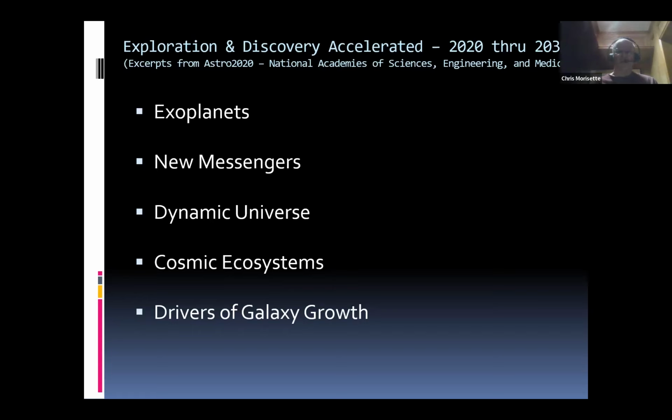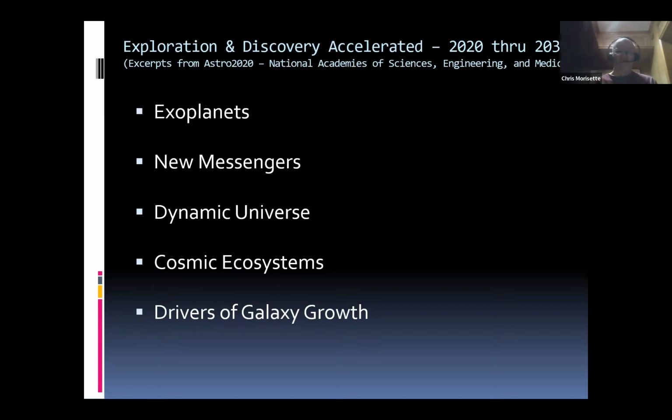The cosmic ecosystem category, we're talking about looking back in time. So Webb has been starting out and beginning to peer back into the early stages of galaxy formation and evolution. And then as those discoveries are made, ground-based telescopes pick up the ball from there and really study.